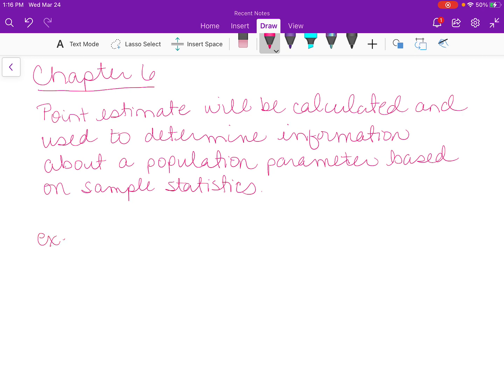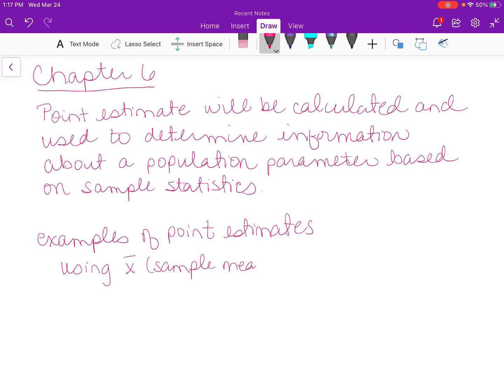So examples of point estimates would be using X bar, which is sample mean, to draw a conclusion about mu, which is population mean.